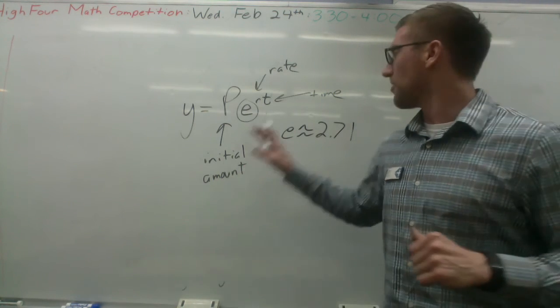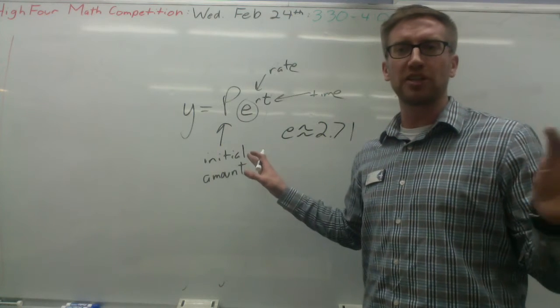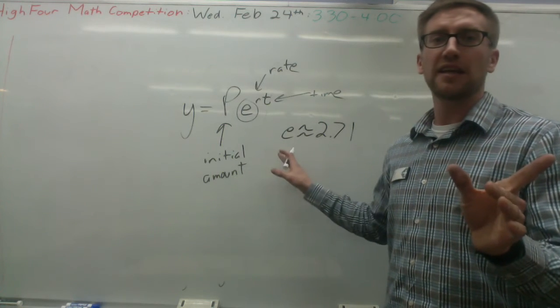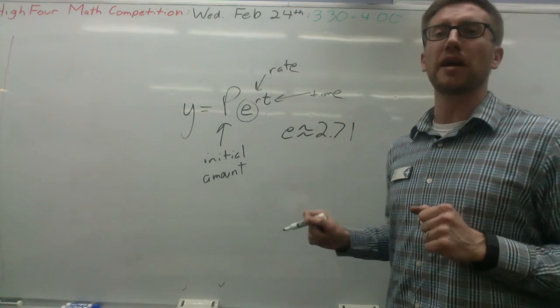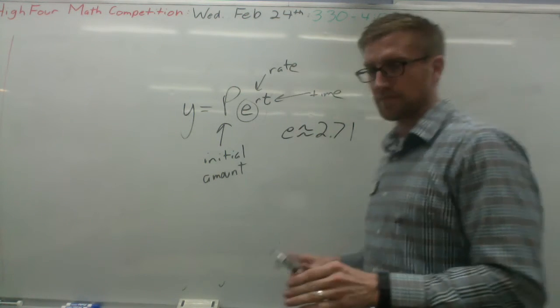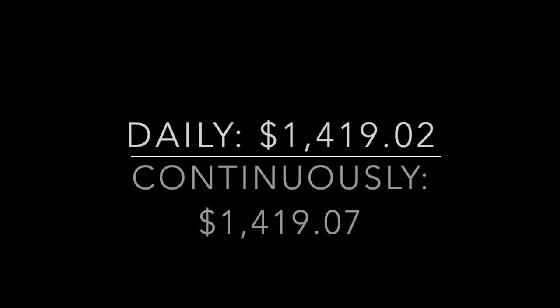If you were to use this on that same example we just did, you will see that it should be similar to the daily, but it'll be a little bit more money. So daily came out to be $1,419.02, whereas if you plug it into the PERT formula, continuous interest gives you $1,419.07. So only 5 cents more, still a bit more powerful than daily compounded.